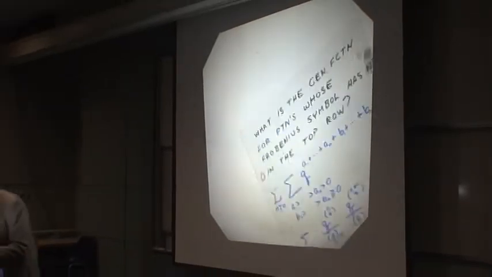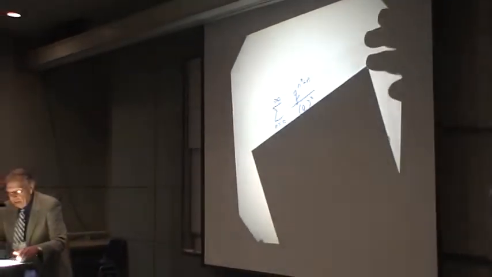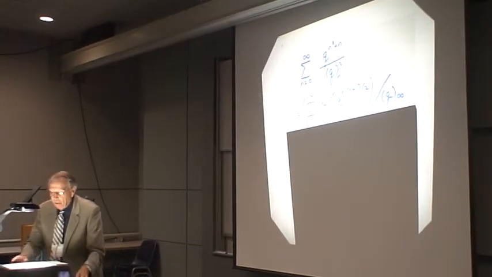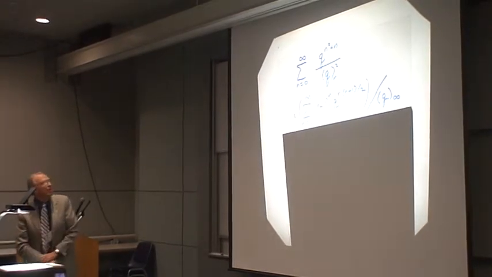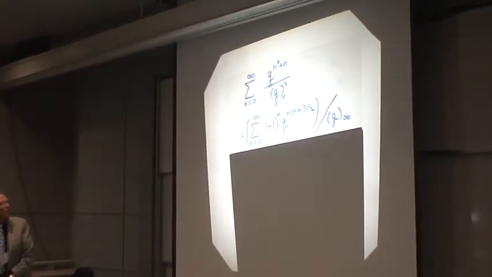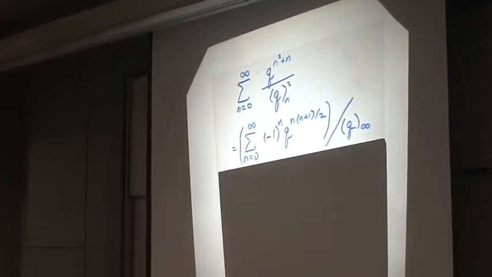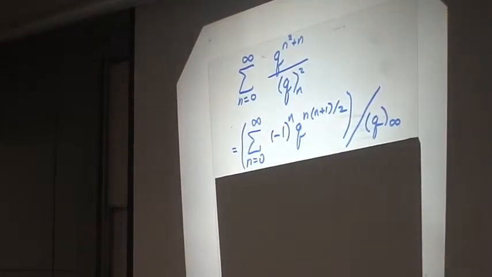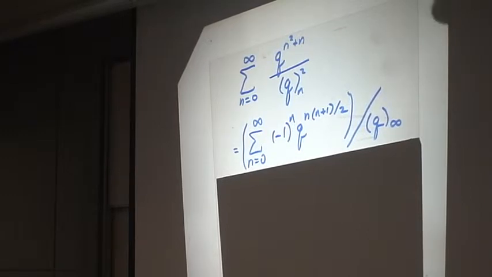And in fact, it is possible to prove by standard means that that series is actually equal to the false theta function divided by the standard Euler infinite product.